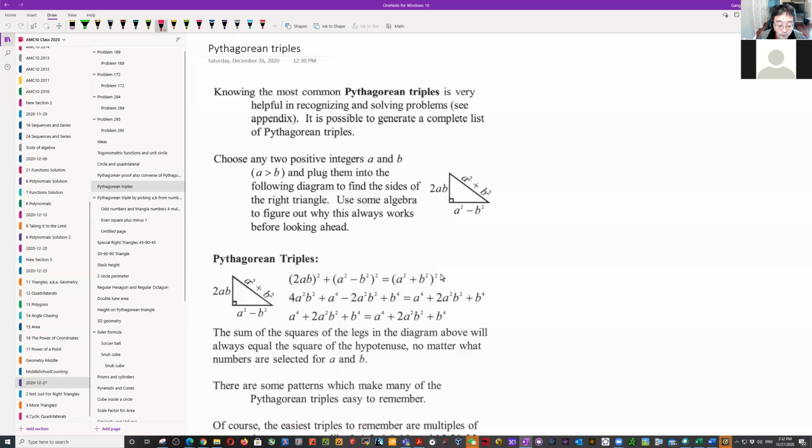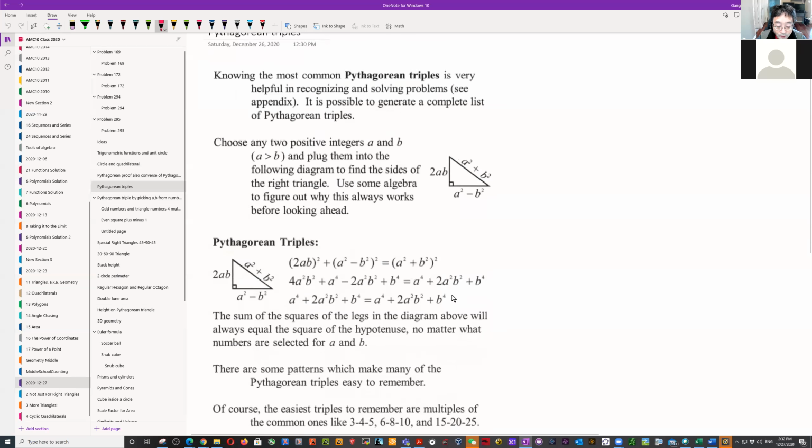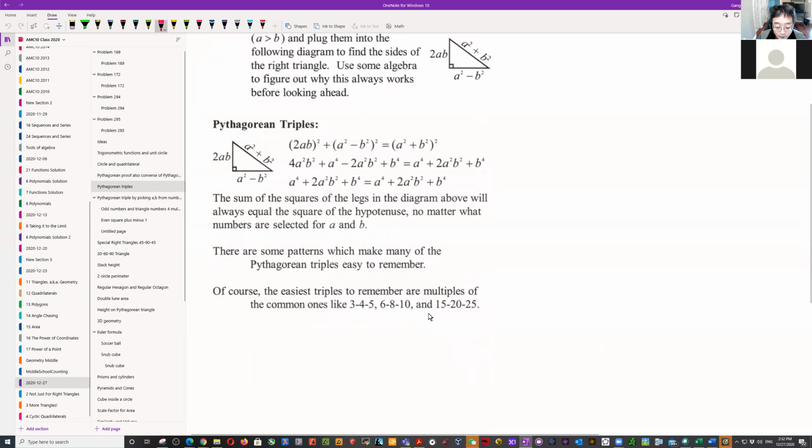Pythagorean triples are numbers like 3, 4, 5 and 5, 12, 13, and scaling up of those.